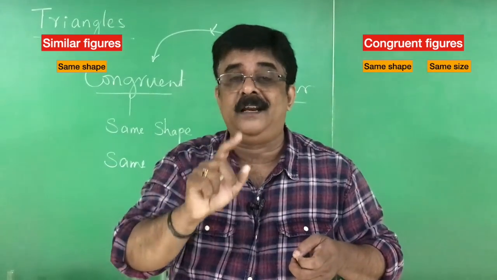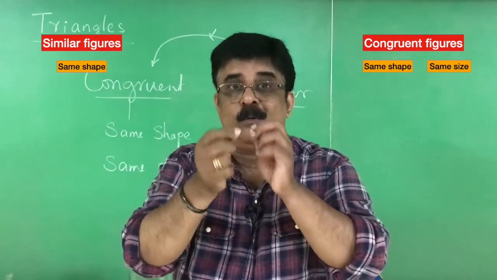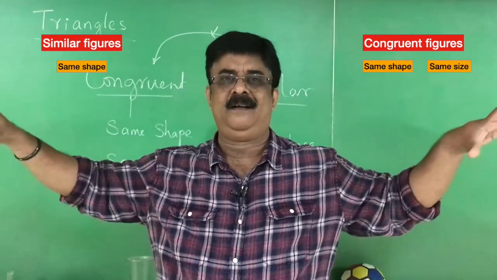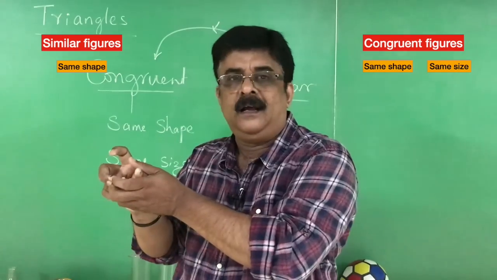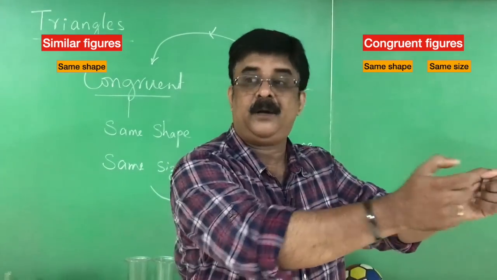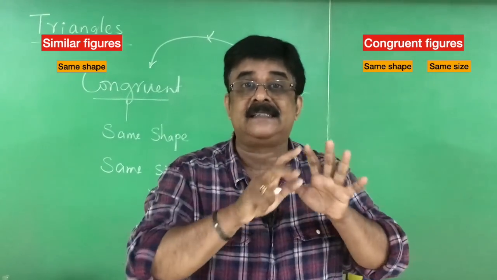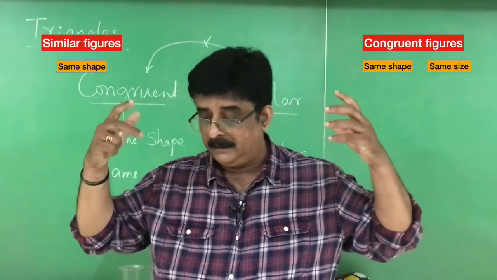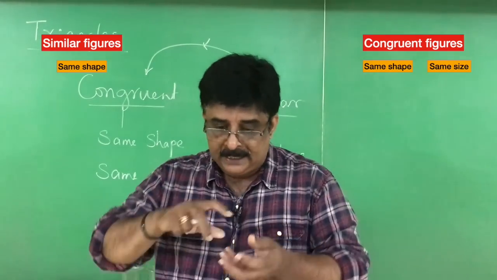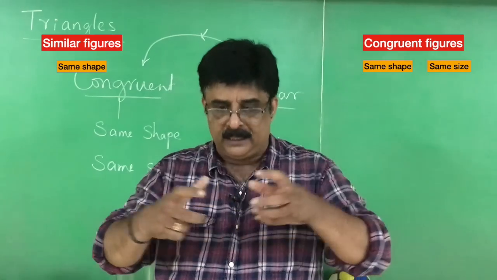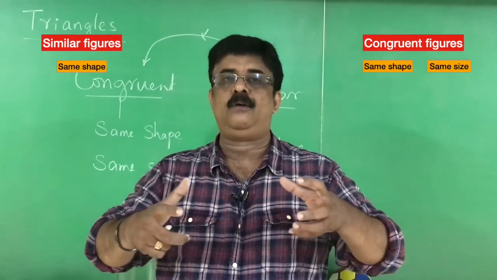Not only the steering, each and every nut, bolt, wire, gear, everything should be the same. I can remove one car's steering and put it in another Crysta because the shape and size are the same, they are congruent. Therefore, in the industrial layout, they do planning according to similar figures. After that, while manufacturing, they make everything congruent.